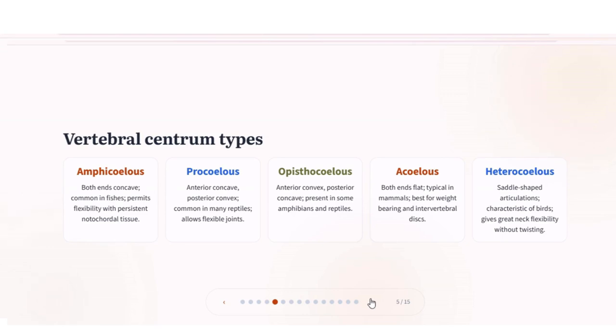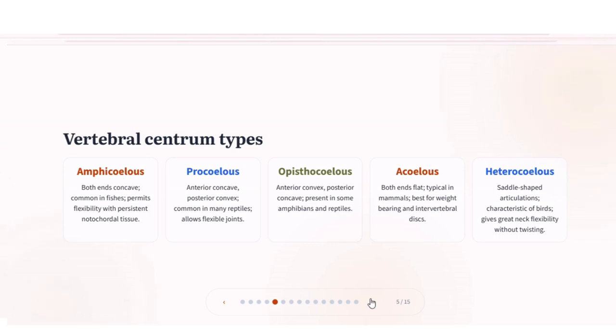One is amphicoelous, in which both ends are concave. Because the ends are concave, it is much more flexible, very common in fishes, and permits flexibility with persistent notochordal tissue. Procoelous type centrum is anterior concave, posterior convex, commonly found in reptiles, and allows flexible joints.